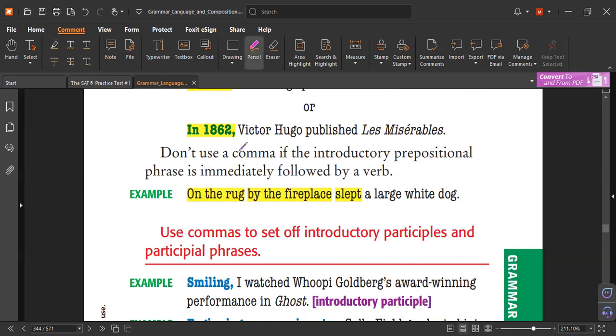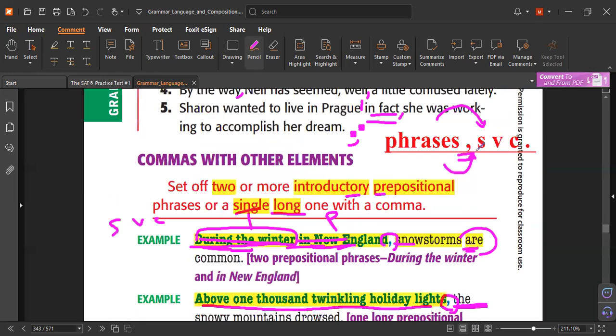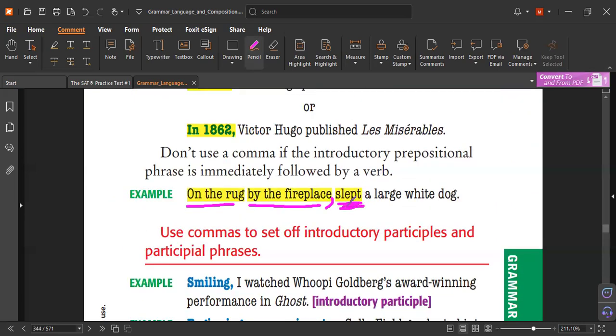The rule says two phrases must be followed by a comma. But what if the writer changes the order and uses the verb at the beginning? Here you must delete the comma.